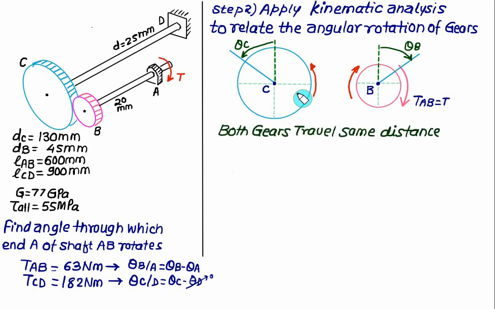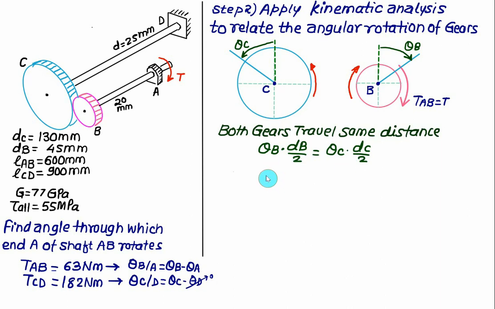The linear distance traveled by gear B and gear C remains the same. Linear distance is the product of angular distance multiplied by radius. So we have theta B times the radius dB divided by 2, equal to theta C multiplied by the diameter of C divided by 2. The 2 and 2 cancel out.